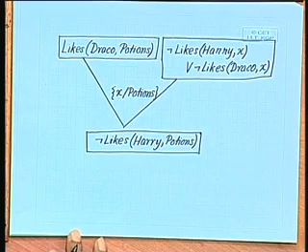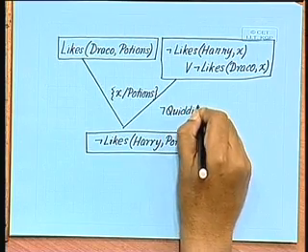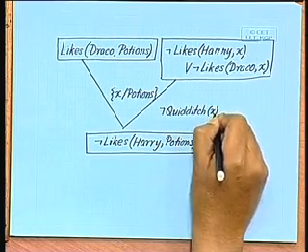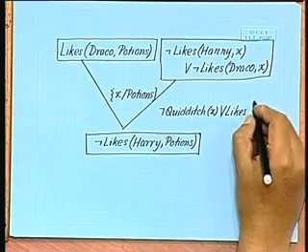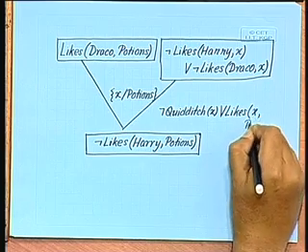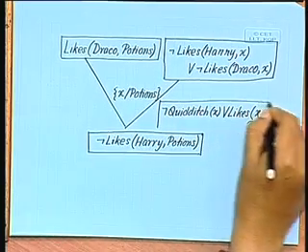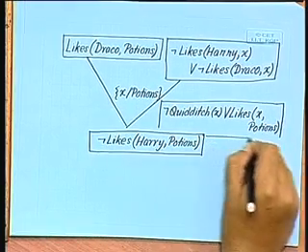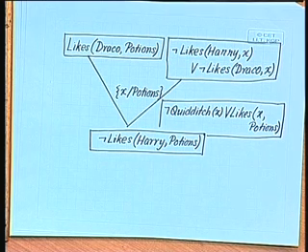Then we also have not Quidditch X or likes X quotients. This is another clause that we have. Recall, we had this clause not Quidditch X or likes X quotients. This is which clause?